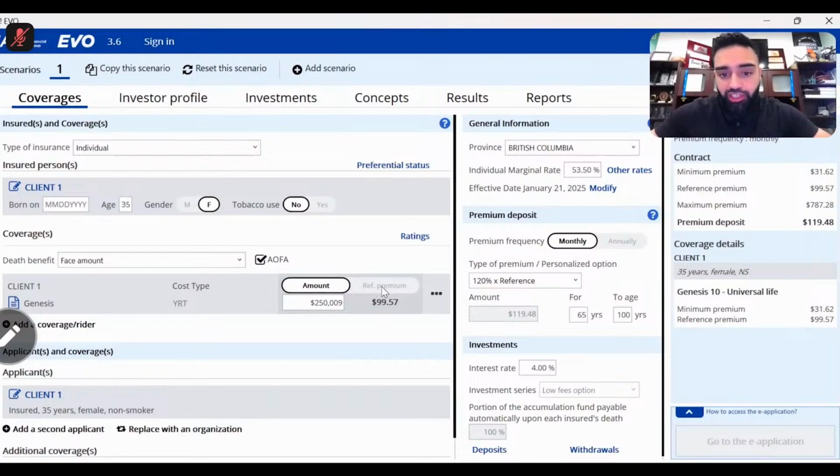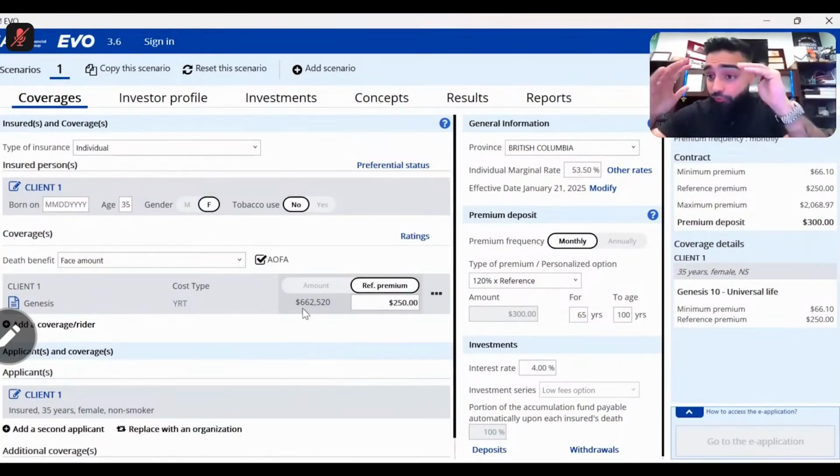So what you're going to do, you're going to click on reference premium, and you're going to put in $250 over here. And what the computer will calculate is, based on $250 a month, this person can get up to $662,000 of life insurance. This is how you find out, if they're saving $100, what is the maximum they can get?